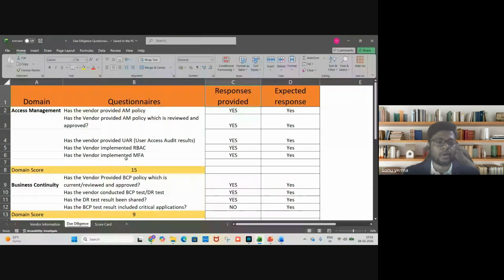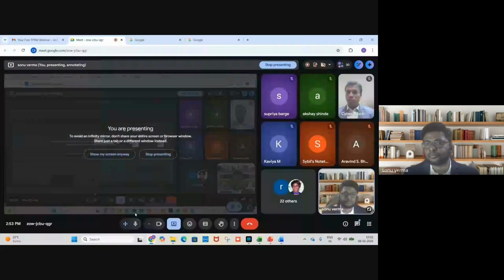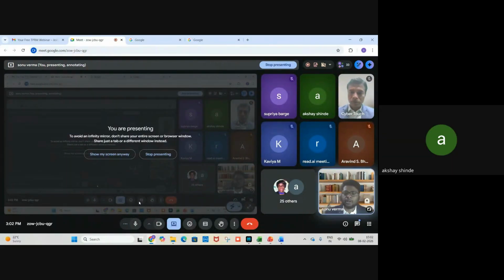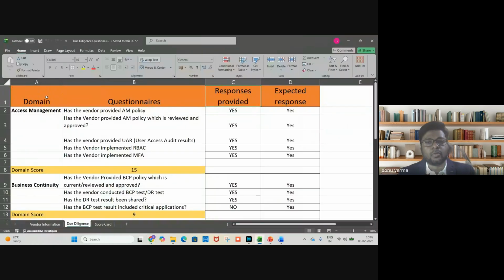So how are we going to validate? Akshay, you are from ISO, right? Information security, right? Right. So what we do in information security, we ask the organization to conduct access management.